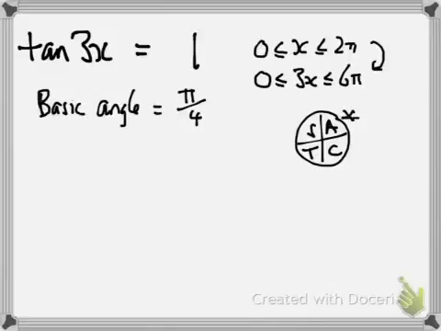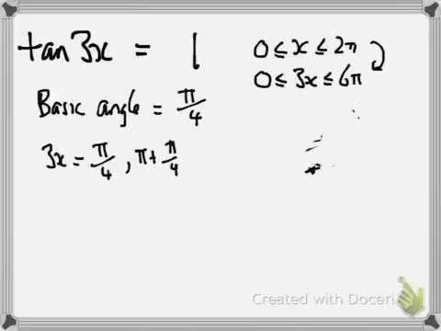It's positive in the first and fourth quadrants. It's the first time we've had first quadrant. So when we get this situation, 3x is going to equal our first quadrant, which is just pi on 4. That's our first quadrant value, and our third quadrant value is pi plus pi on 4. But we've got a couple of other values to look at.